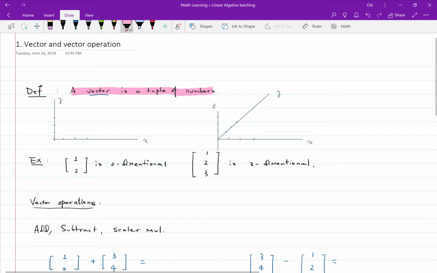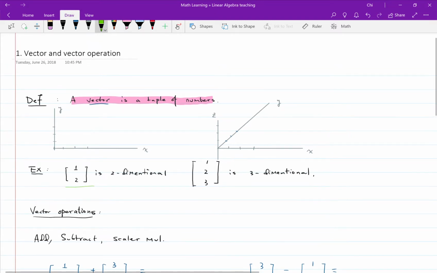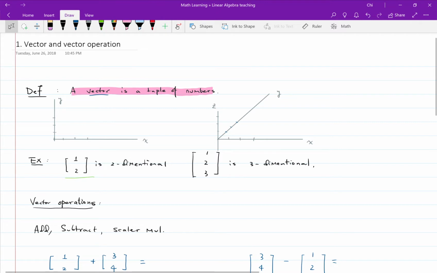So let's be more concrete and actually talk about some examples. So the first example is this, the vector 1, 2. This is simply one way of writing a vector. So you have a bracket, and then you write it from top to bottom.